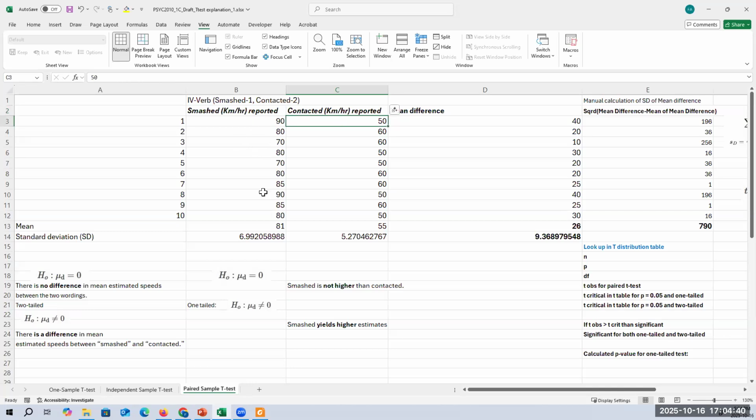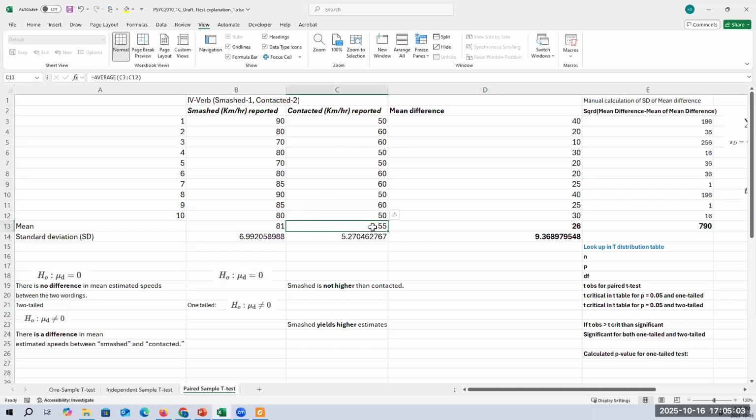And you can see that in the example here. So all participants hear the question with smashed, and all participants also hear the question with contacted. Whereas in the independent sample one, one group hears the word smashed versus another group hears the word contacted, right?